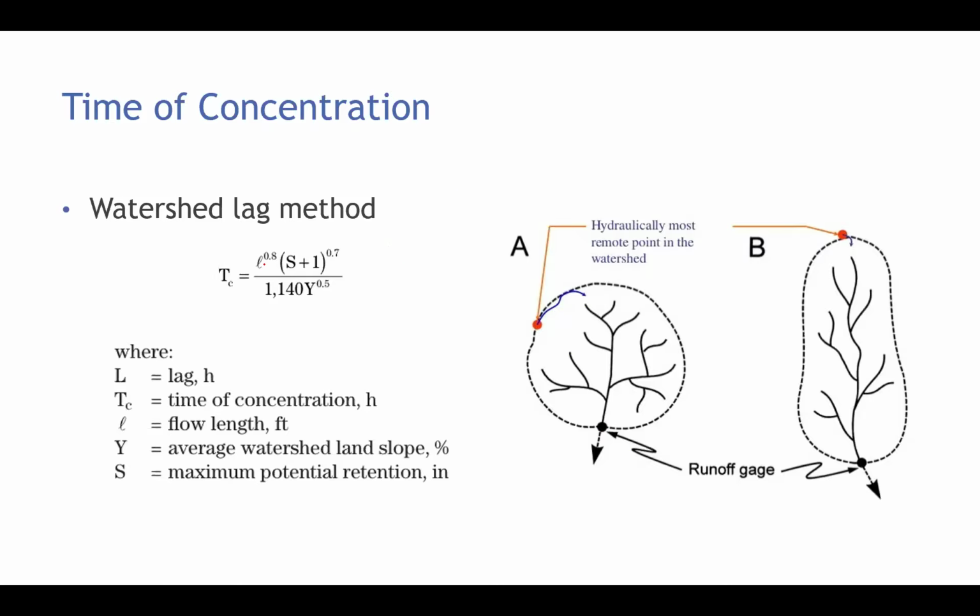That means length is there, soil and land use is there, slope is there. Using all these things you are calculating your TC. Is that clear? Okay. So the flow length is basically calculated from the most remote point.